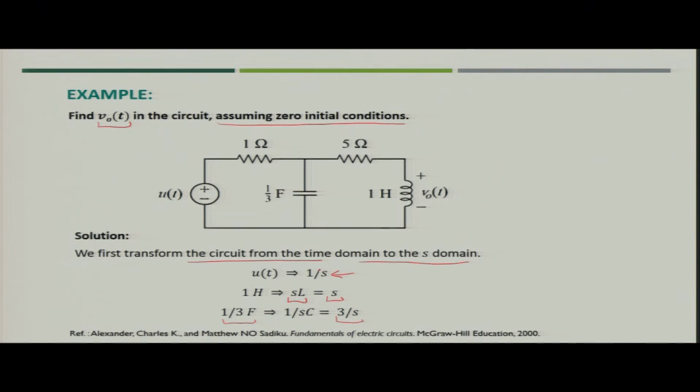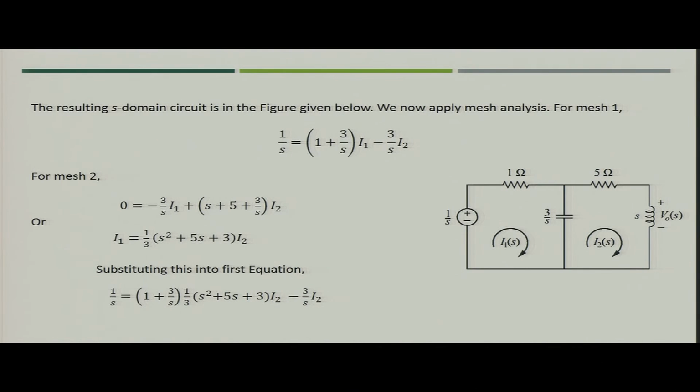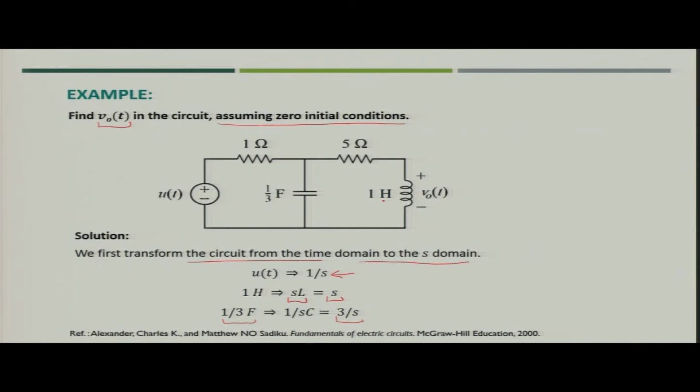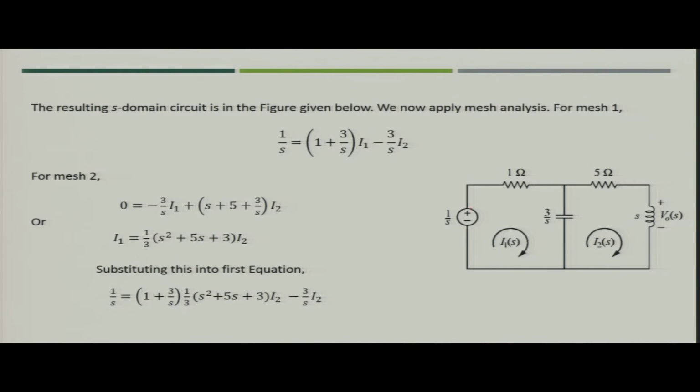So, now we have all these elements in S domain, and we can represent this circuit in S domain. The source will now become 1 by S. There will be no change in the resistances, so these will remain the same.